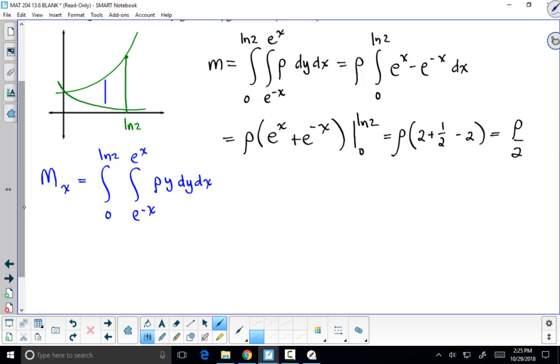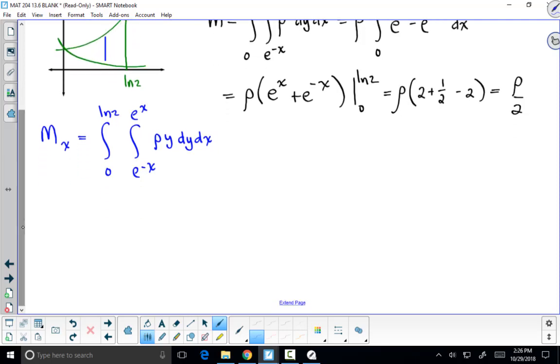So that'll be the moment about the x-axis, the total moment. So every point here has its own moment. It's density at that point multiplied by the distance to the x-axis, and we add up all those moments, and then when we divide by mass, we'll get the average moment, and that'll be the balance point, the center of mass.